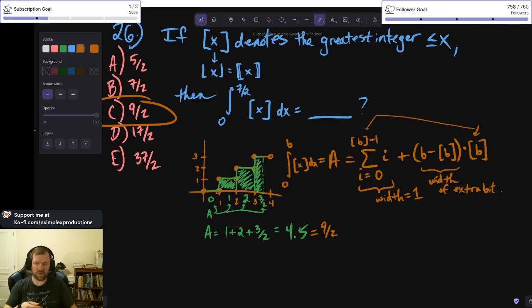For the partial part over here, then we say, what's the width of the extra bit? That's going to be b minus greatest integer of b. If b and the greatest integer of b are the same number, then it's 0. Right? We're not counting anything. And then greatest integer b over here, as well as greatest integer b minus 1 over here, are the heights of all the bits that we're getting to.